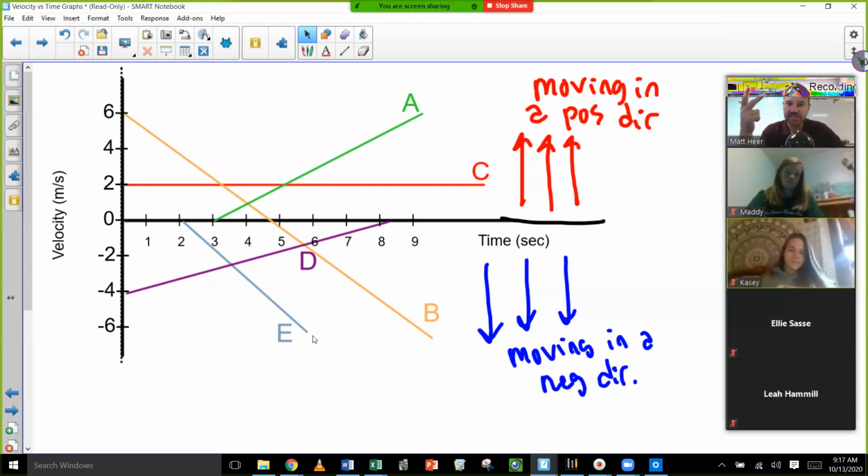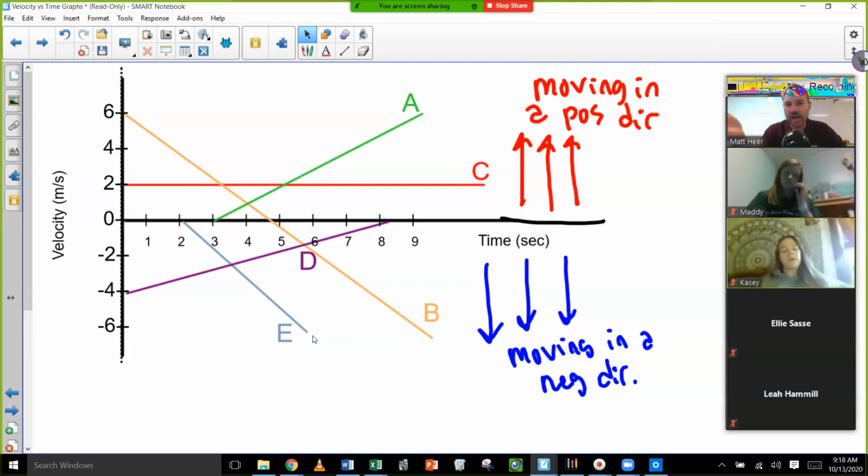Yes. Is C changing speed? No. Is D changing speed? Yes. So they're all changing speeds except for letter C, because that one's constant.